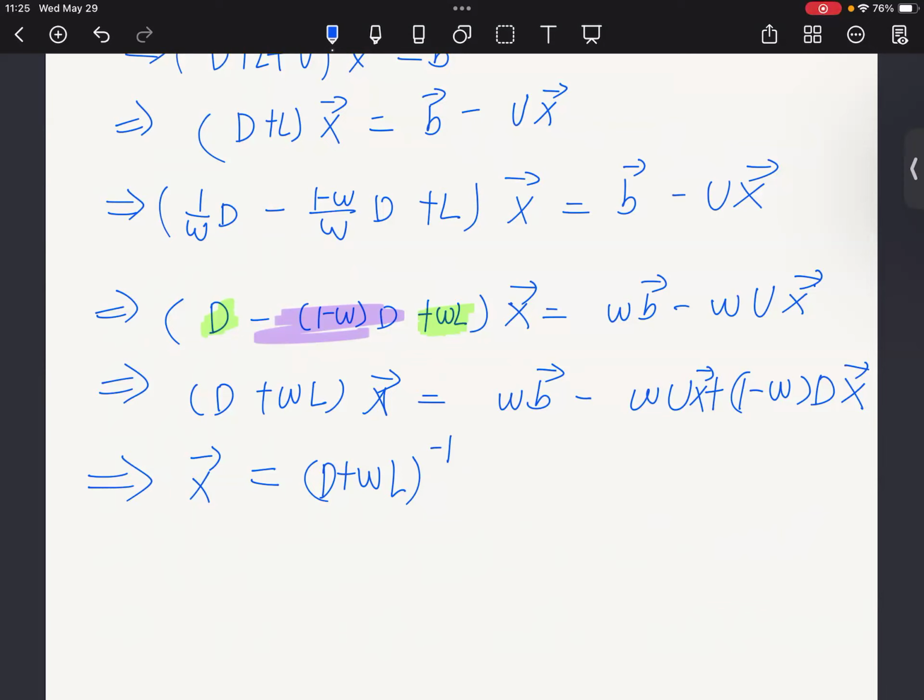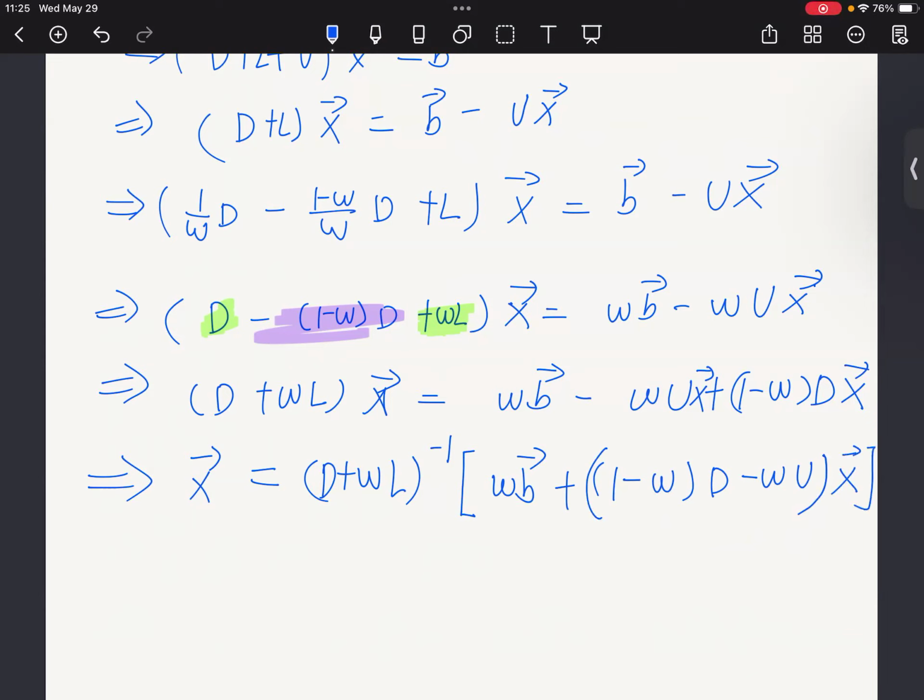And this part should be omega B. And I'm going to combine all the things, so I'm going to use the plus sign here, 1 plus 1 omega D, and then minus omega D here, omega U here. And then the result here times X.